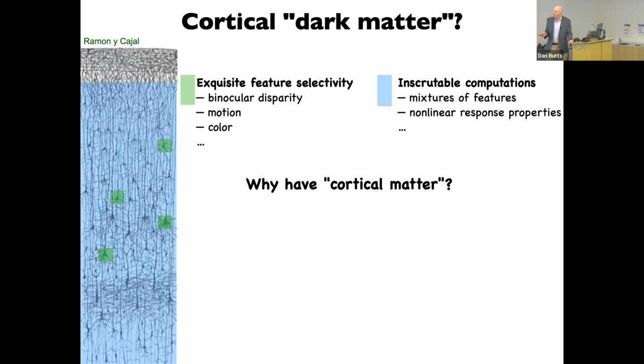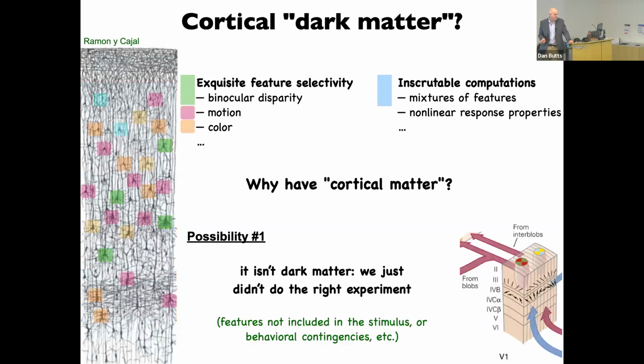And there's really a question about why you would have this big sea of cells that don't have feature selectivity. Possibility one is maybe the canonical possibility that they actually are feature selective. We just didn't do the right experiment. And when you start talking about behavior, maybe there are behavioral contingencies that would make these light up, or just features that were not presented in the stimuli.